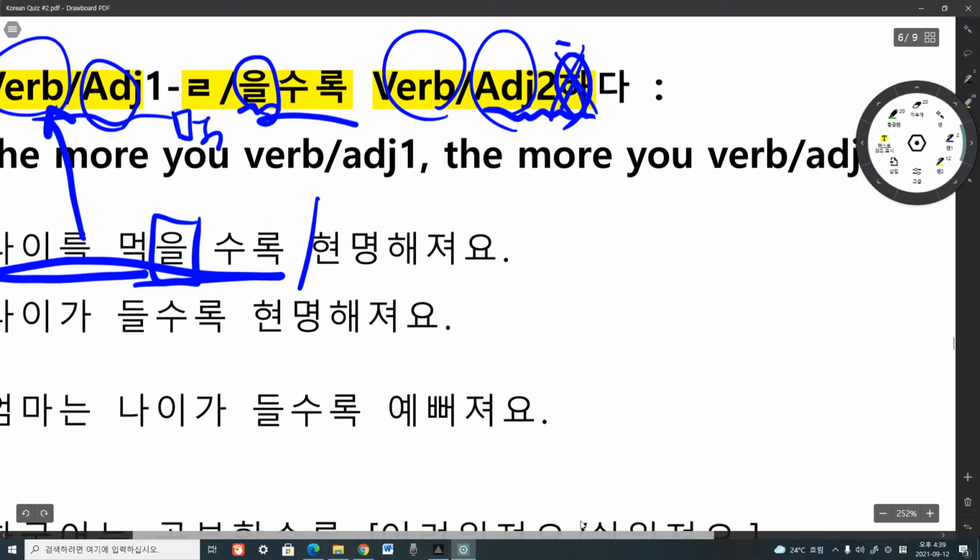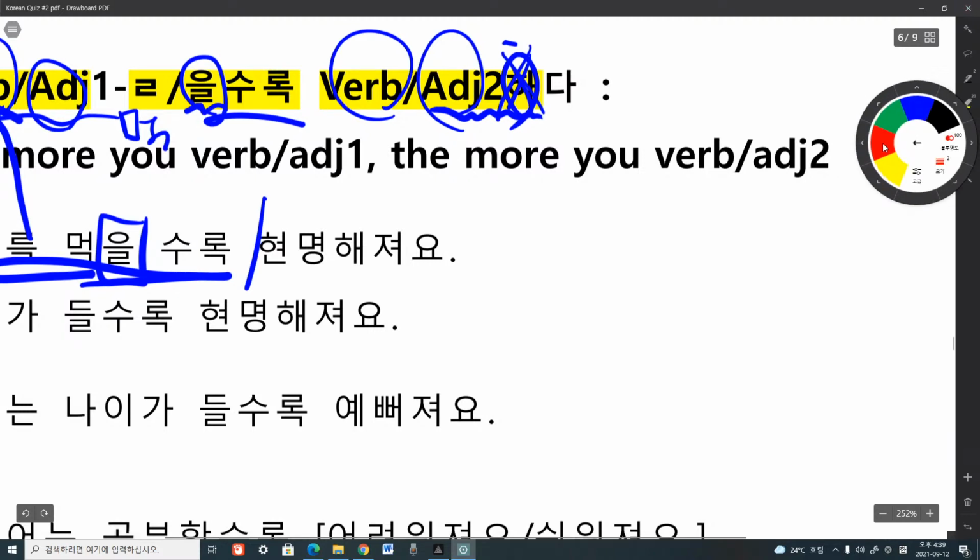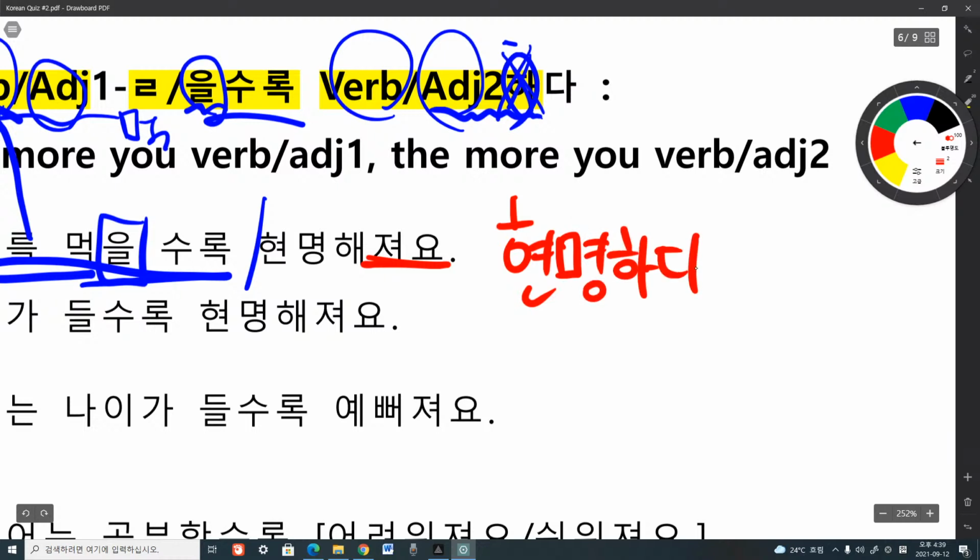This is the grammar that we learned just earlier, guys. 현명해지다, 기억나요? If you know 현명하다, and if you remember the 아어지다 verb that we just learned earlier in this sentence.